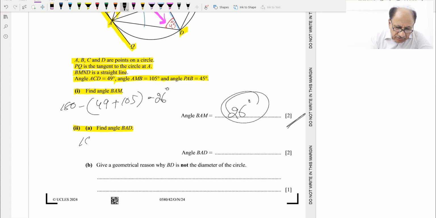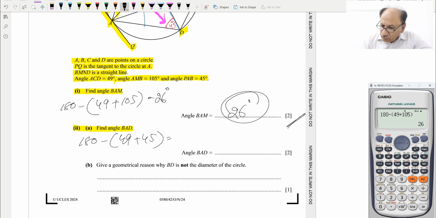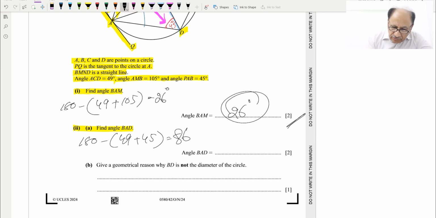So 180 minus 49 plus 45, and I will erase and write properly. So 49 plus 45 over here, calculation, this will be 86. So 86 degrees will be our answer for 2 marks. Hopefully you understood this as well.